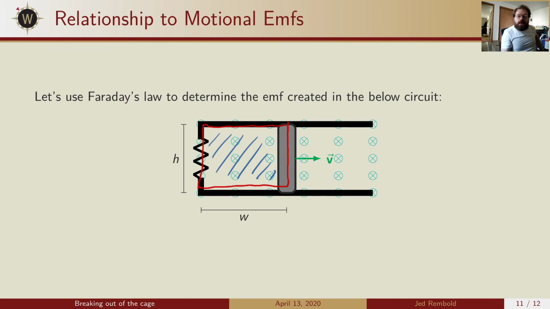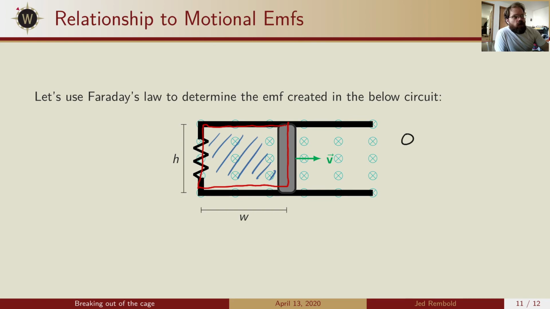So I can talk about the flux of the magnetic field through my loop. And that flux, in general, is going to look like how we would normally envision it.